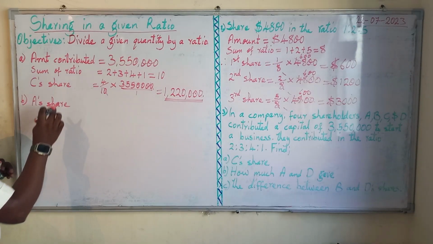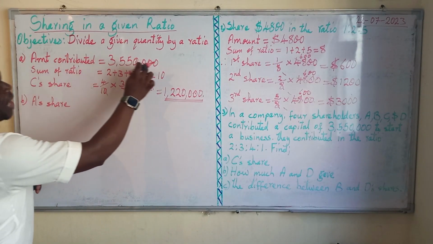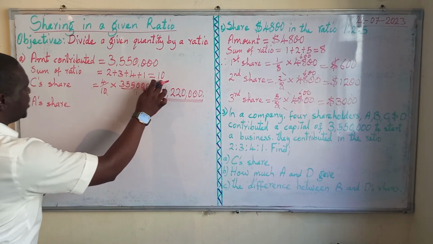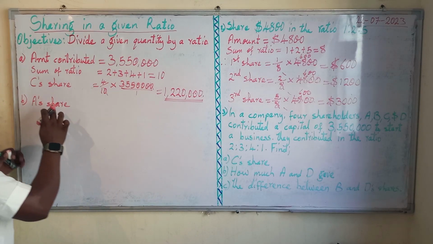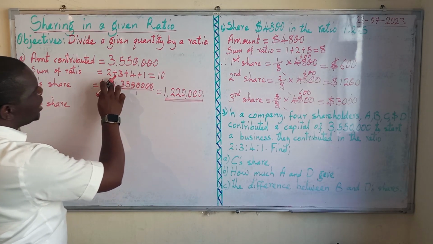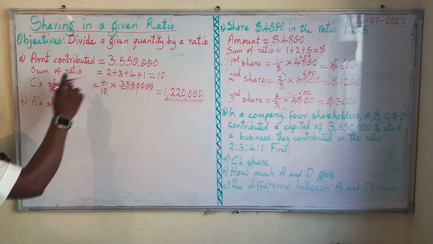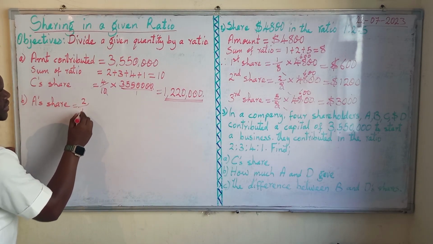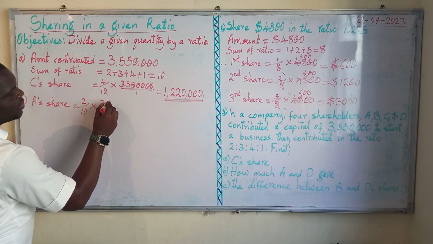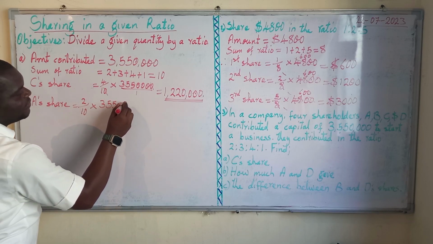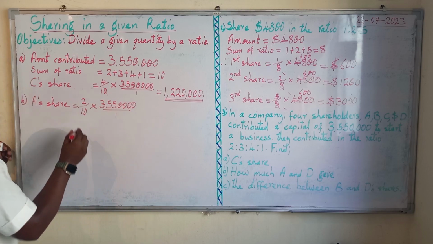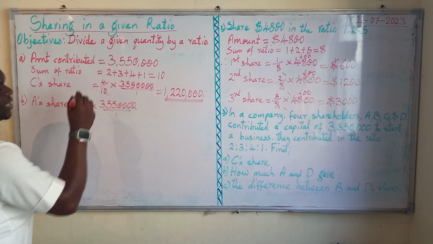A's share, we already have the total amount here and we have the sum of ratio here. So to find A's share, we just go to the ratio, and in the ratio, A is the first quantity. That is 2/10 times 3,550,000 over 1. So that this 0 will simplify this 0.